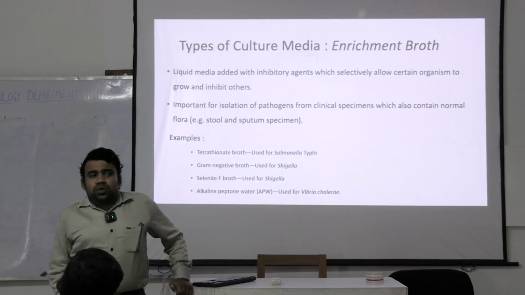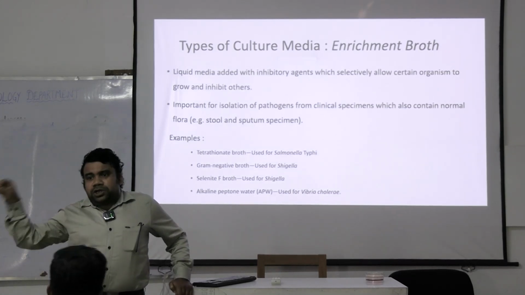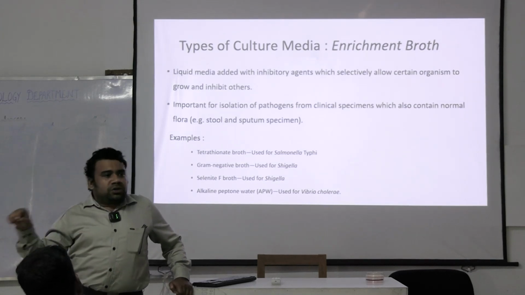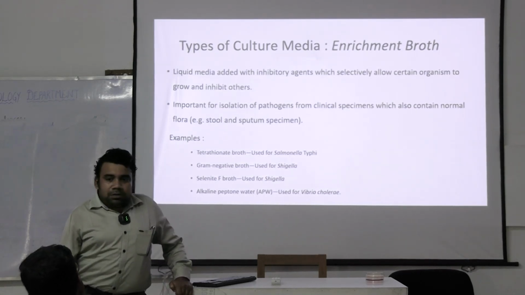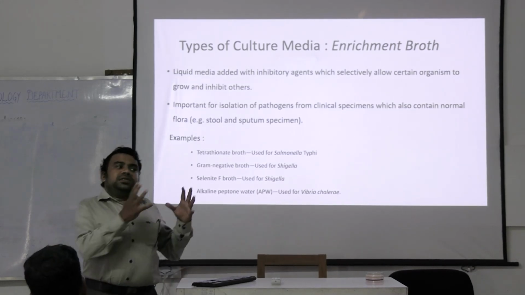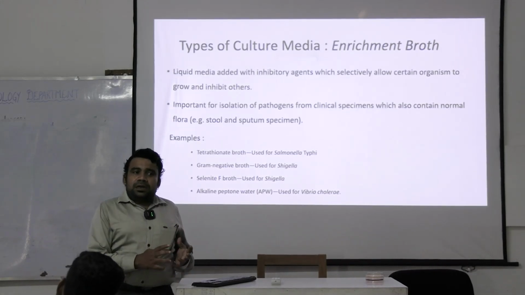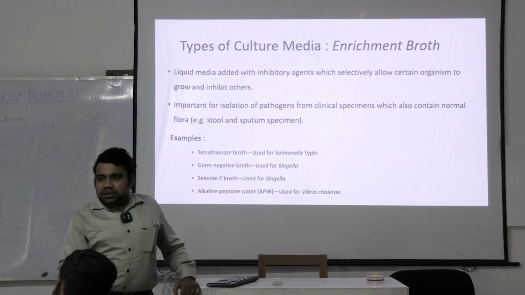Now, the stool sample will have millions of bacteria. If we directly put it on a culture media, say enriched or a basal media, what will happen? Almost all will grow. But the pathogenic one, we may miss it. So, we need some media which will allow the growth of a particular specific bacteria.